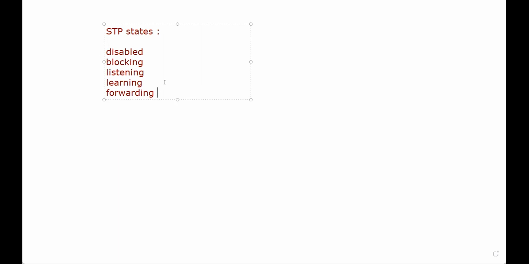STP convergence time is 50 seconds total. In this, listening will take 15 seconds, learning will take 15 seconds, and the hello timer is 2 seconds. So if you are working on real switches, it will take a total of 50 seconds to complete all the process.